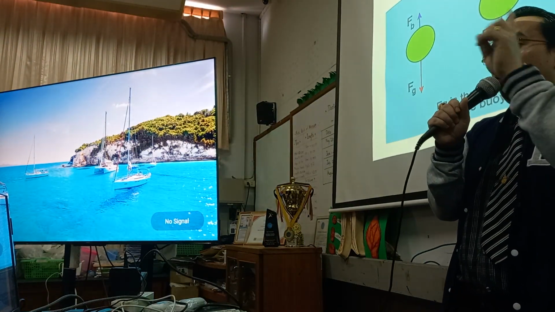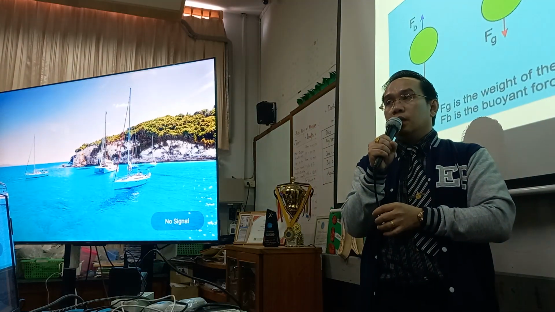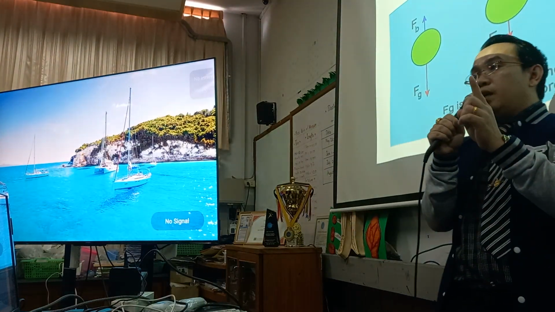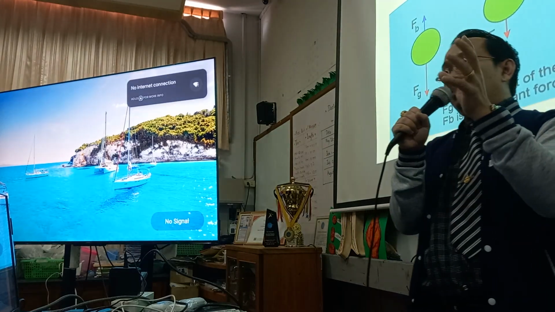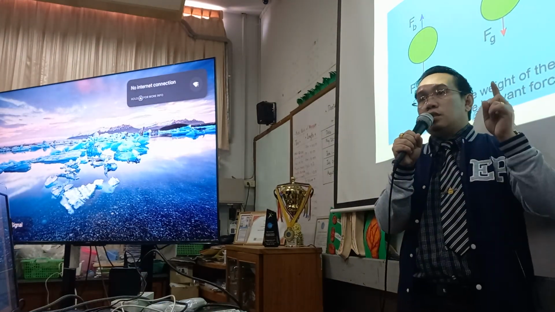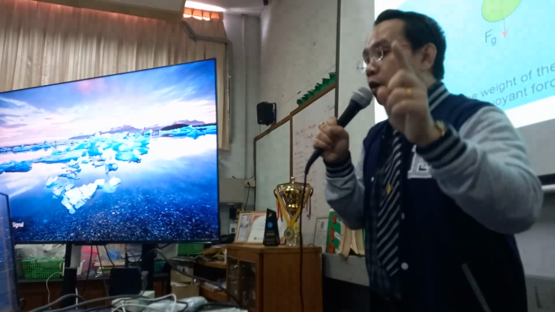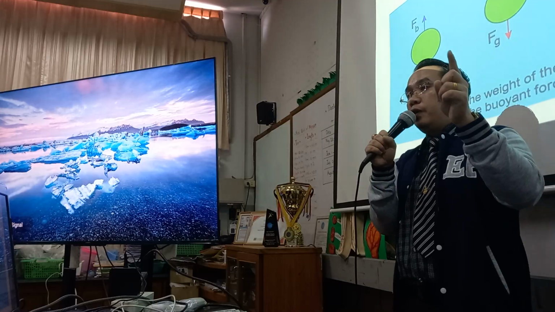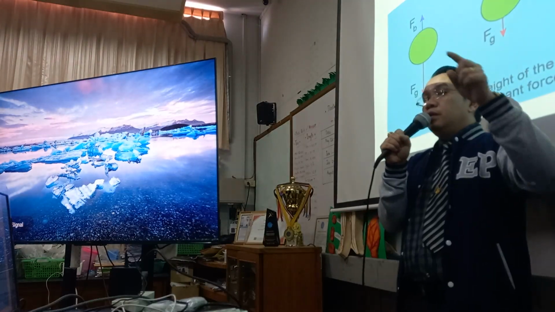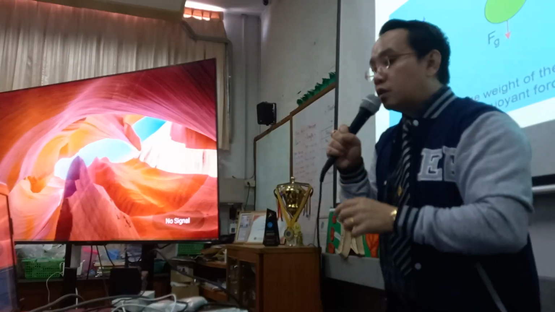When can we say that it is positive buoyancy? Positive buoyancy means, in other words, the ability to float. It means that the buoyant force is greater than the gravitational force of an object, or the object's weight.